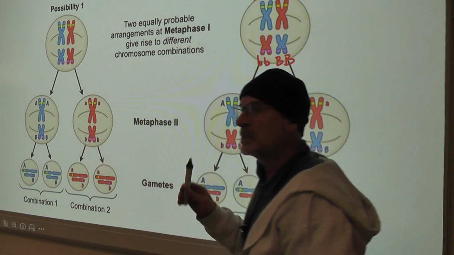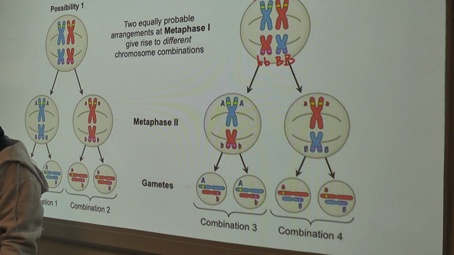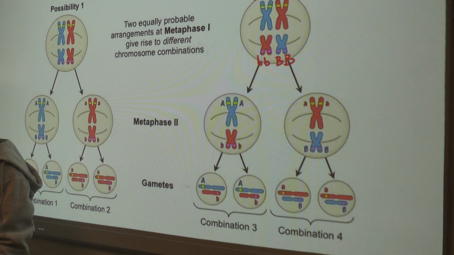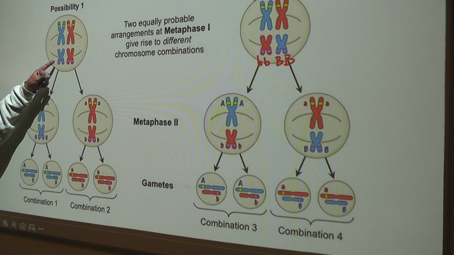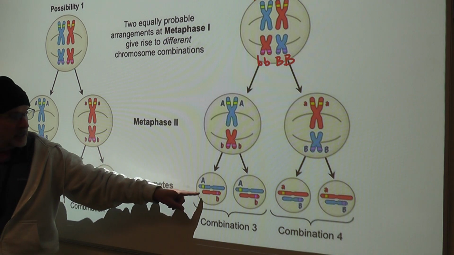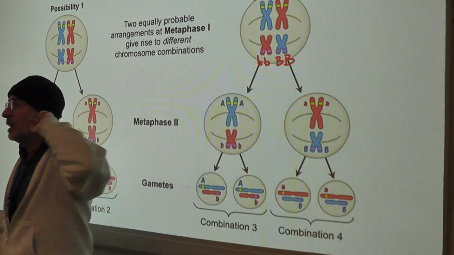Every time eggs or sperm are made, it starts with 1 cell with 23 chromosomes lined up randomly. Every time meiosis occurs, you end up with 4 eggs or 4 sperm. This is the possible combinations if this is our starting point. This is the possible combinations if this is our starting point.